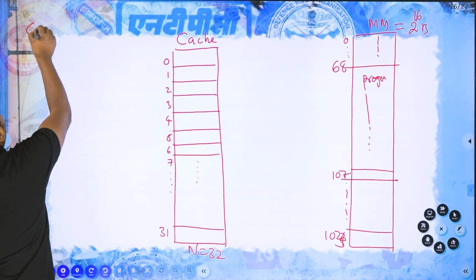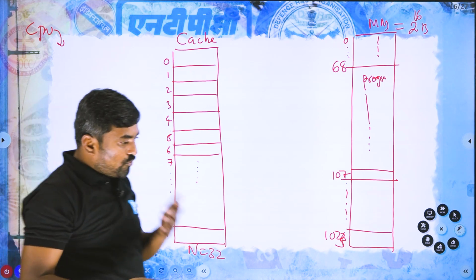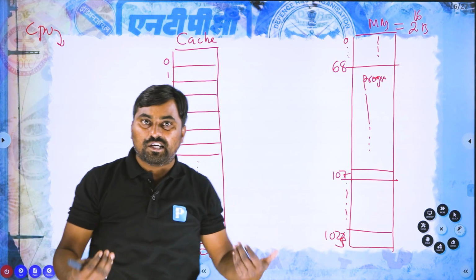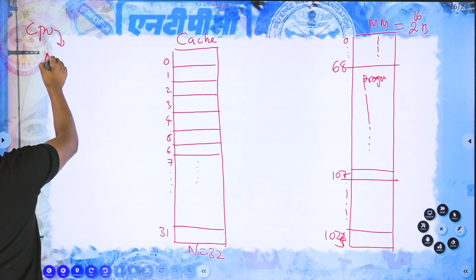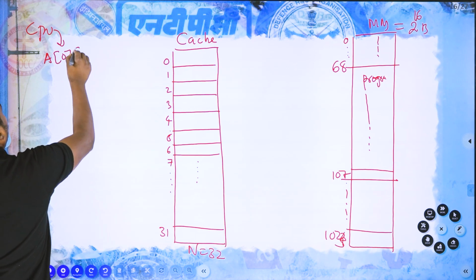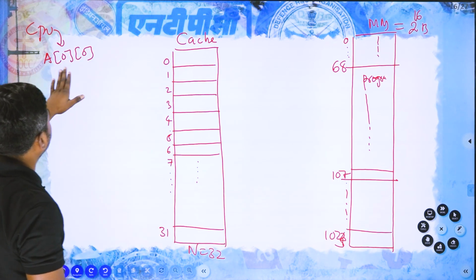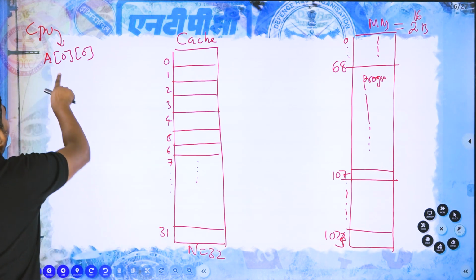Suppose now we come to the CPU. The CPU gives the address to refer to the array. Understand here, it does not mention row major order or column major order. By default, you understand the program has stored it in row major format only. A of 0, 0, like this. Please do understand, two times the array, A of 0, 0, 0, 1, 0, 2, like this will go. Getting my point? This is 1 byte.